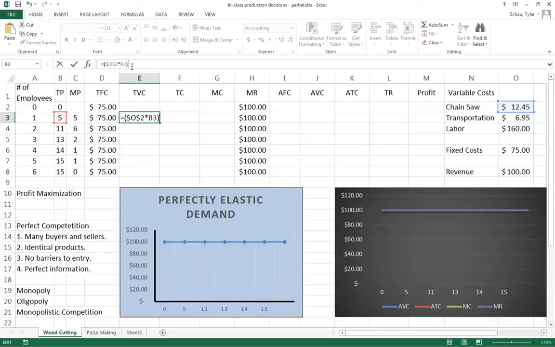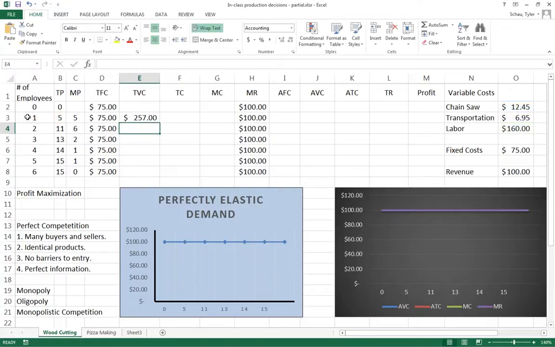Okay. Then I need to add the transportation costs, so fuel and that type of stuff in the truck. I got transportation costs of $6.95 per cord times 5 cords. And then I also need to add the cost of labor. So I'm paying $160 a day, and here I've got 1 employee.